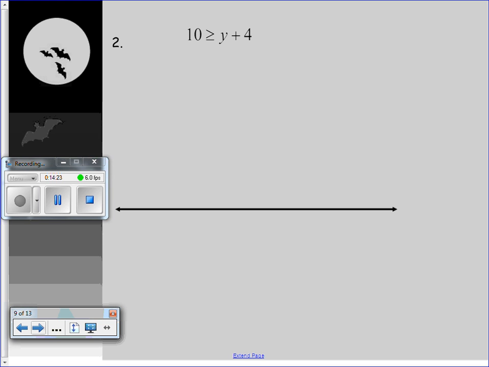10 is greater than or equal to y plus 4. Need to isolate the variable. So I'm going to subtract 4 from each side. 6 is greater than or equal to y. Or you can have y is less than or equal to 6.